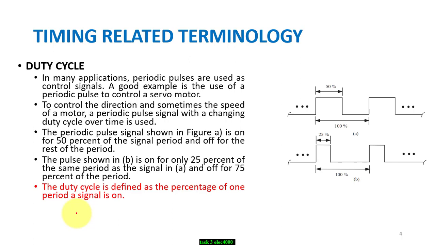Usually we know that signals have frequency and time period, and there is an extra thing which is called the duty cycle. Duty cycle is the time high over the total period, or time high plus time low.